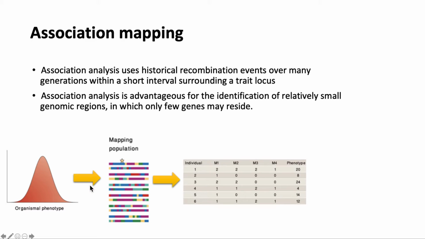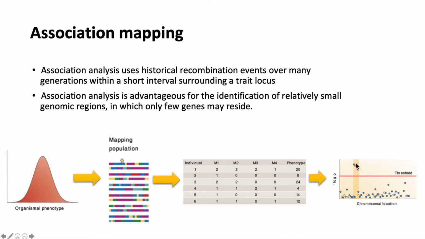So after putting together all the individuals or the samples in this population to do association mapping, again we have to collect the phenotypes, and we also have to collect the genotype of those individuals. Then we're going to try to identify the molecular markers that are associated with the phenotype.